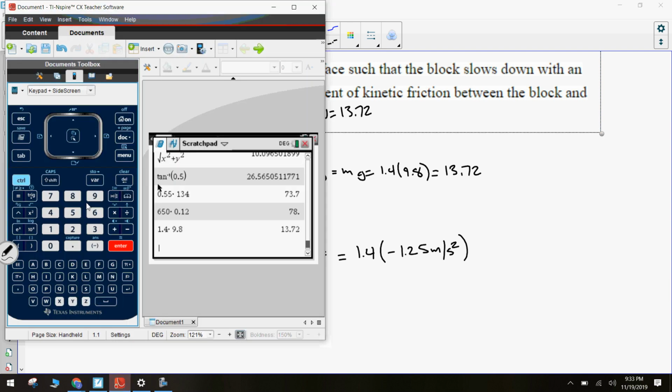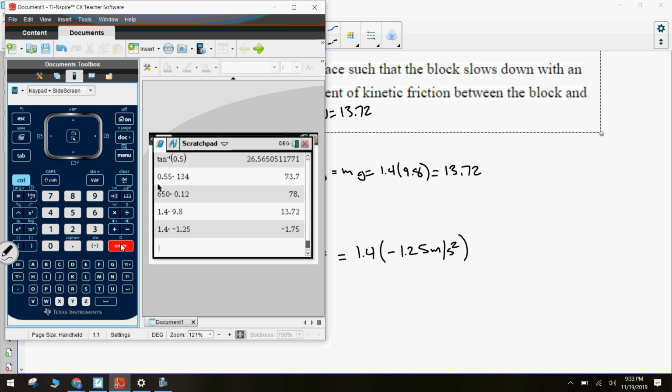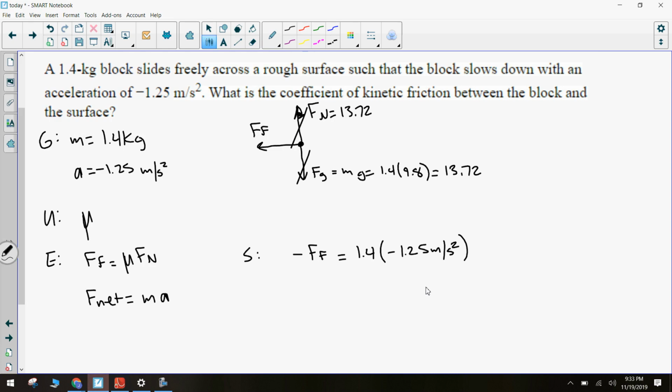Alright, so on my calculator, multiply 1.4 times negative 1.25. I get negative 1.75. So my negative force of friction is equal to negative 1.75. Alright, look here. My negatives cancel, and now I have force of friction is 1.75 newtons.